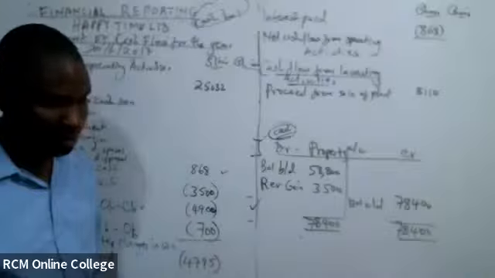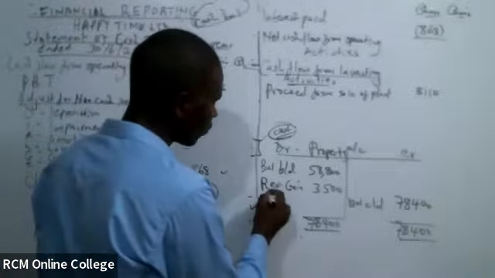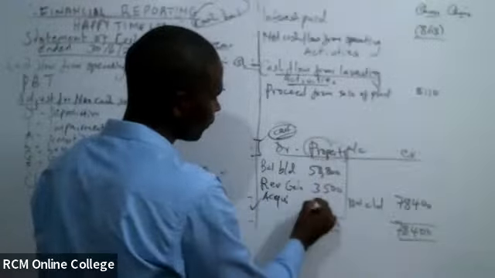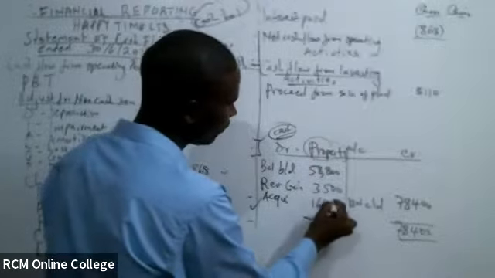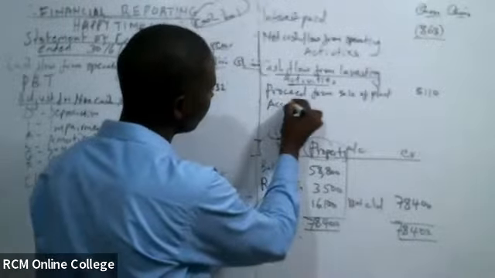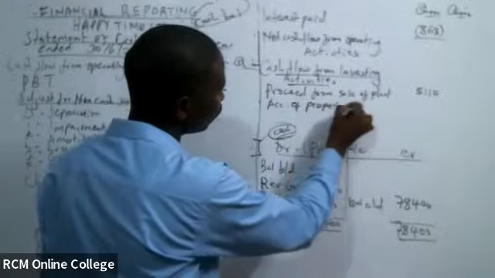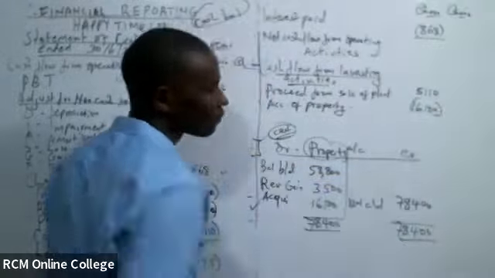How much will be the balancing figure? 16,100. So this is acquisition. There was an acquisition of property worth 16,100. Acquisition of property worth 16,100, like that.